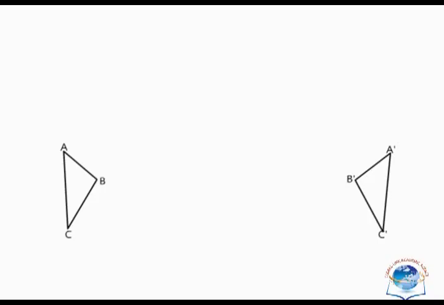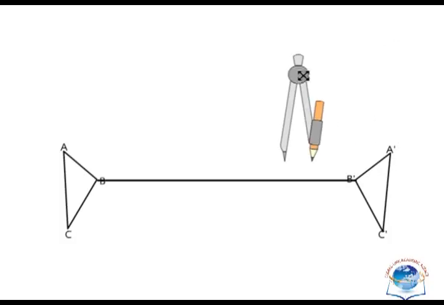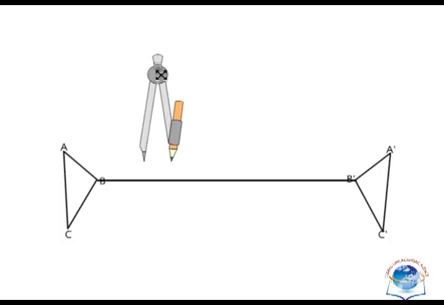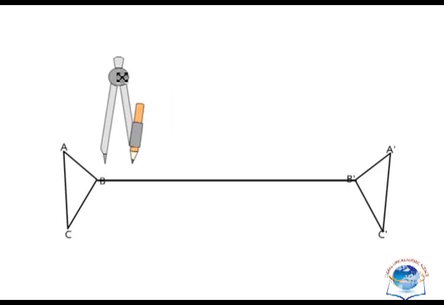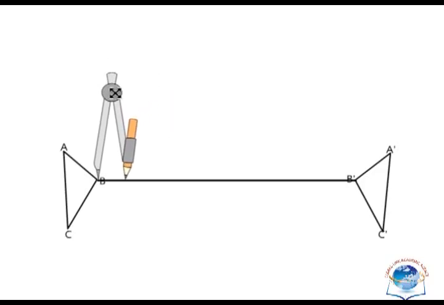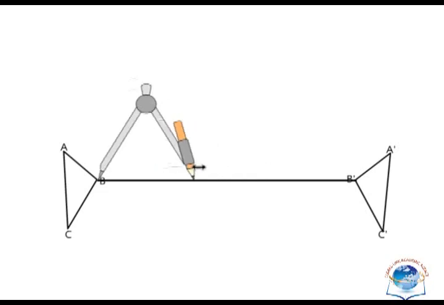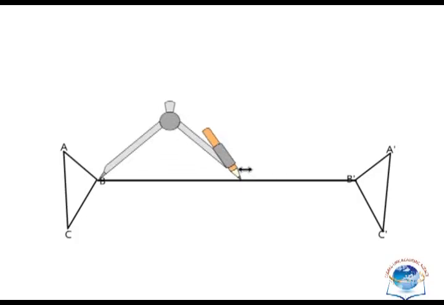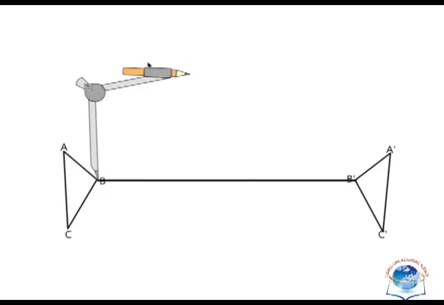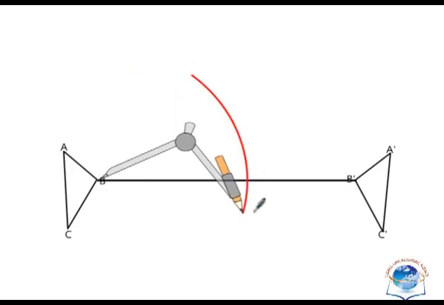So for these two triangles, we join B to B prime. And now we bisect this line. Open your compass to more than half the length of the line. Mark an arc from the top to the bottom to intersect the line.